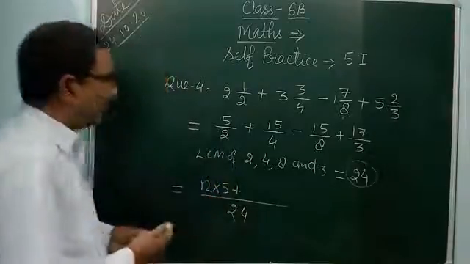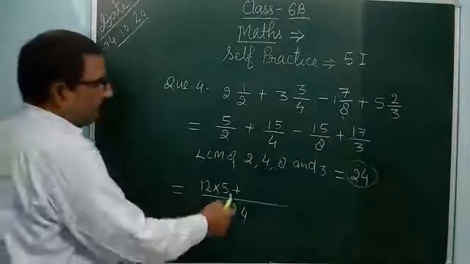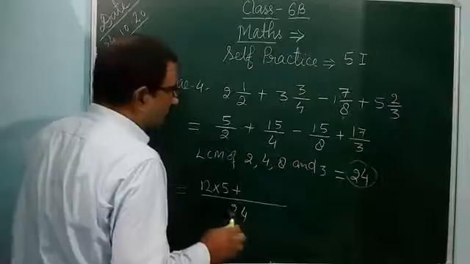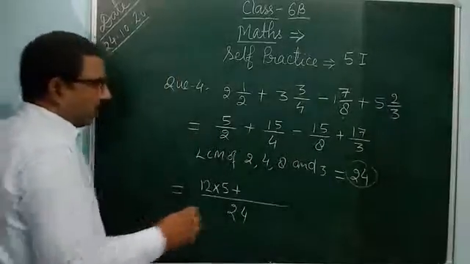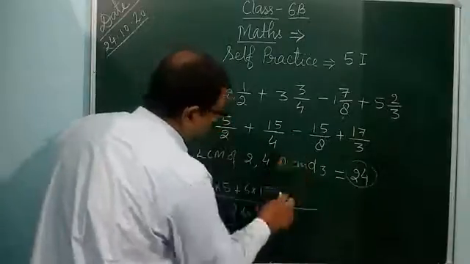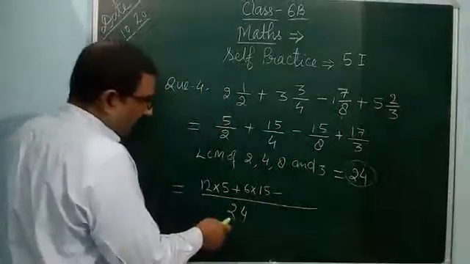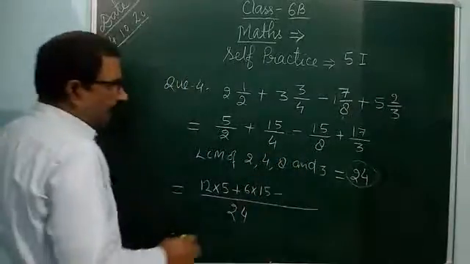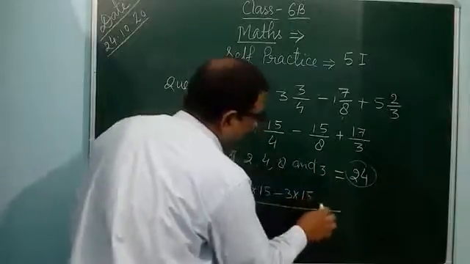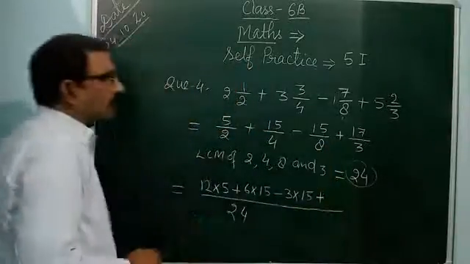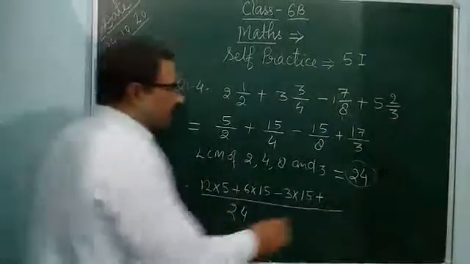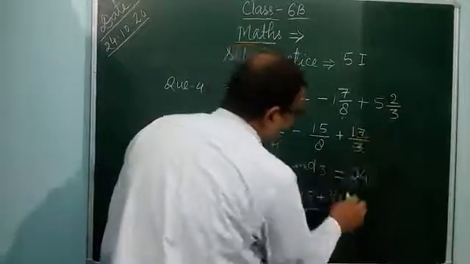After then, you divide 24 by 4, 4 sixes are 24, 6 times goes, so 6 multiply by 15. After that, put minus, you divide 24 by 8, 8 threes are 24, 3 times goes, so 3 into 15. After that, plus here, you apply plus. After that, you divide 24 by 3, 3 eights are 24, 8 times goes, so 8 multiply with 17.